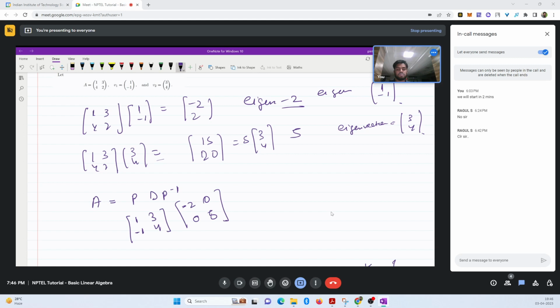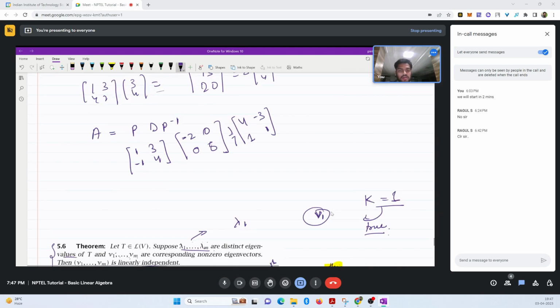It is 1 by 7 times 4, minus 3, 1, 1, since the determinant is 4 plus 3, which is 7. Checking, 1 by 7 times 7 gives 1, and 12 minus 12 is 0. Yeah, I think this is the inverse, right?